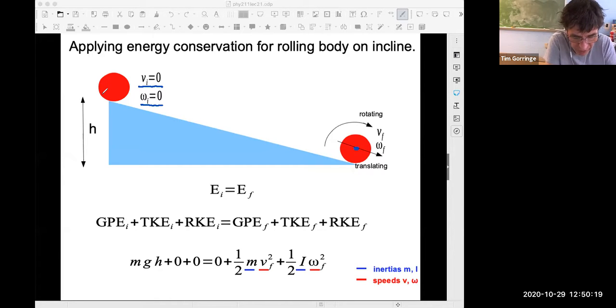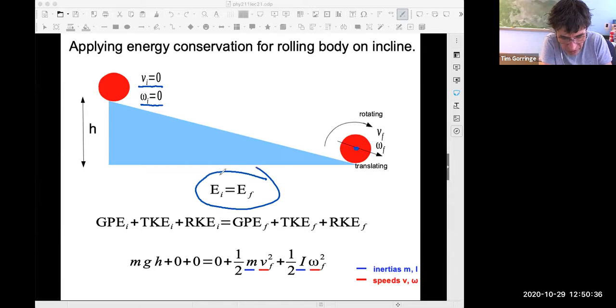Okay, so let's see how that's going to work. It'll take us a couple of slides, but we're going to figure out the final velocity of the rotating object, that quantity Vf. Okay, so here's my starting point. This is just energy conservation.